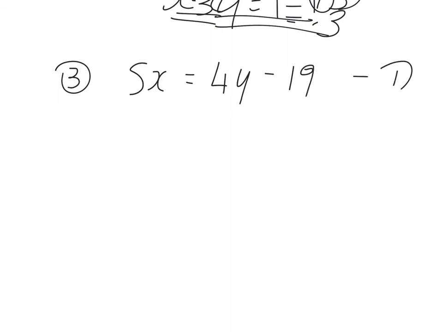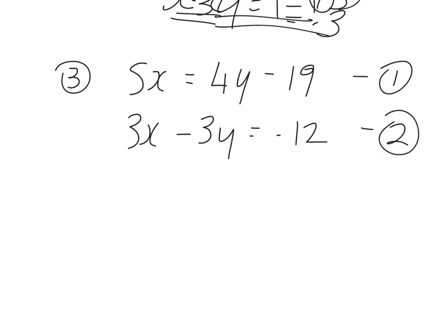Okay, question 3. This time, just the presentation of it is going to be slightly different. 5x equals 4y minus 19, equation 1, and 3x minus 3y equals minus 12, equation 2.